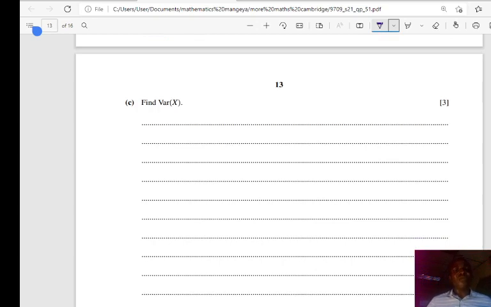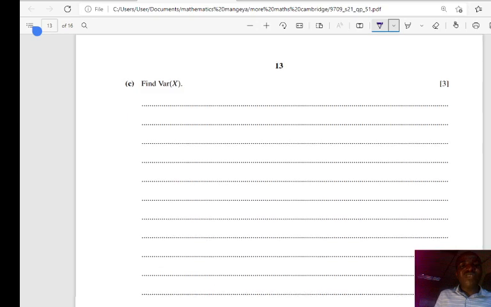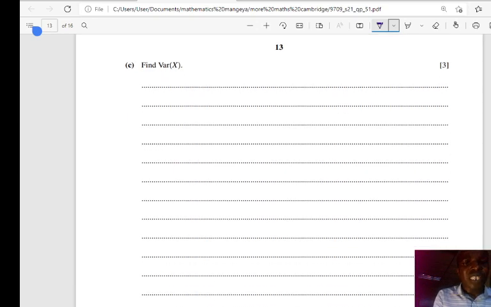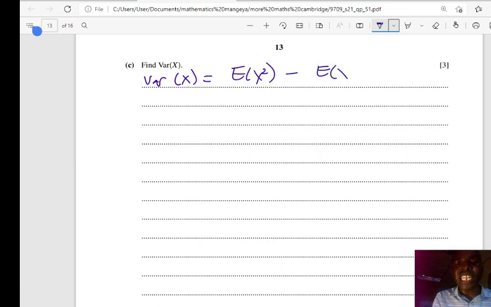Right, then the next part: find the variance of X, that's Var of X. The variance of X, you say Var of X is equal to E of X squared, that's the formula, minus E of X, that's the mean, squared.